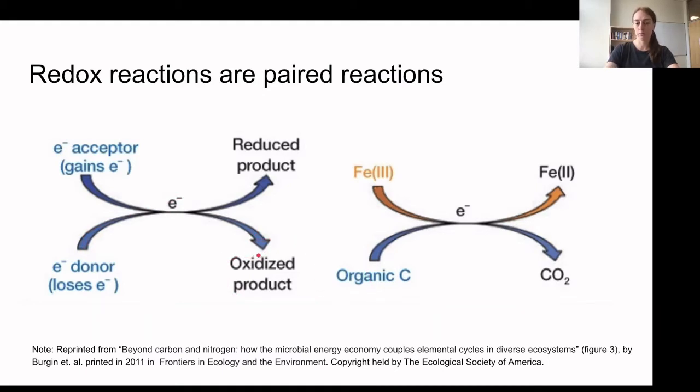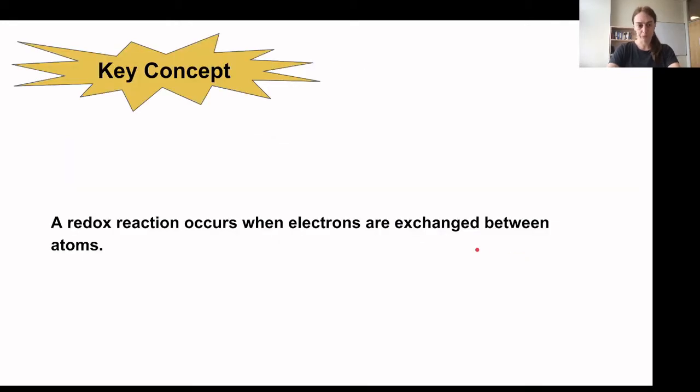Remember, OIL RIG. So for this specific example, our electron donor is our organic carbon. Our electron acceptor is iron 3. It gains an electron and becomes iron 2. And our oxidized product from our organic carbon is CO2.